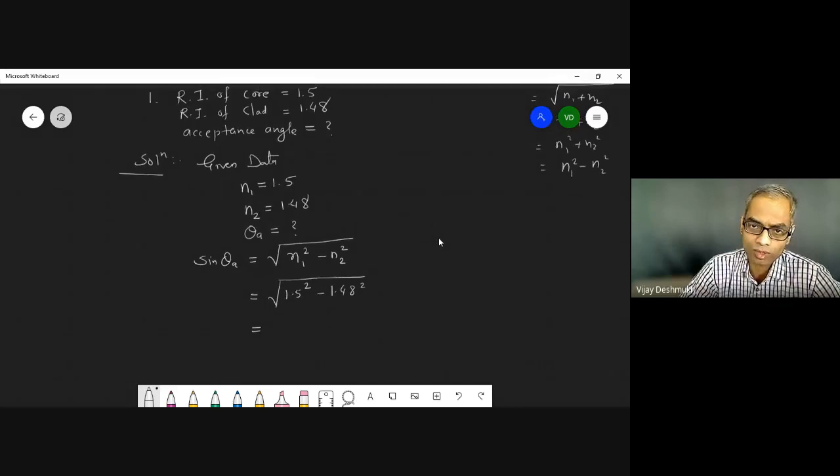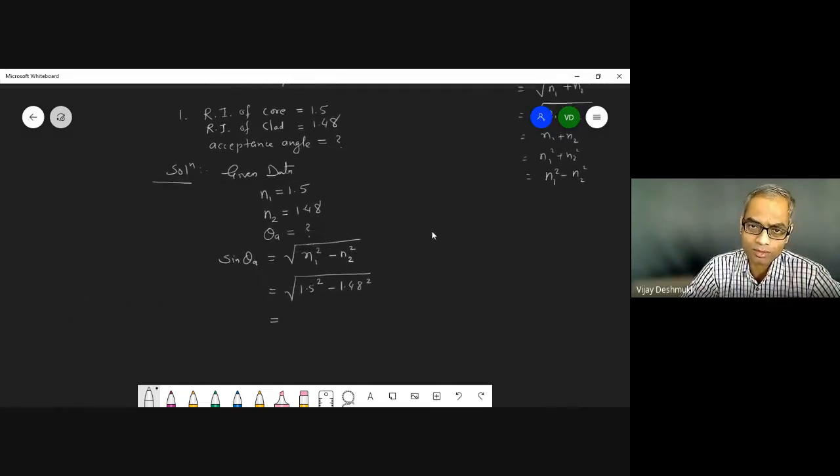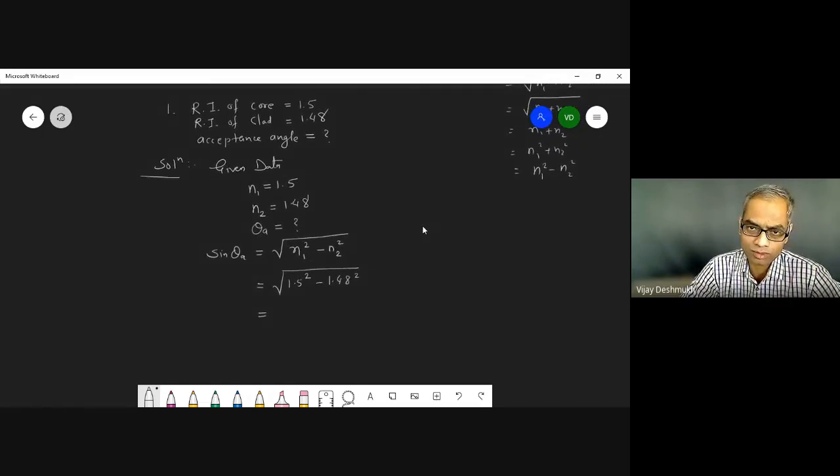Now, the problem is the refractive index of core is given as 1.5. So what is the acceptance angle? The formula is sin theta A equal to the square root of n1 square minus n2 square, which is equal to the square root of 1.5 square minus 1.48 square. So 1.5 square is 2.25, that is well known.